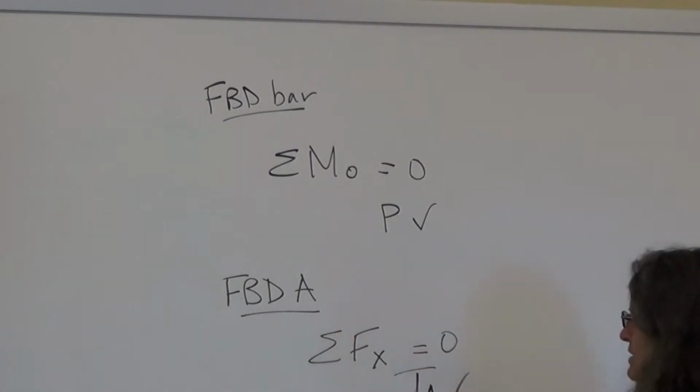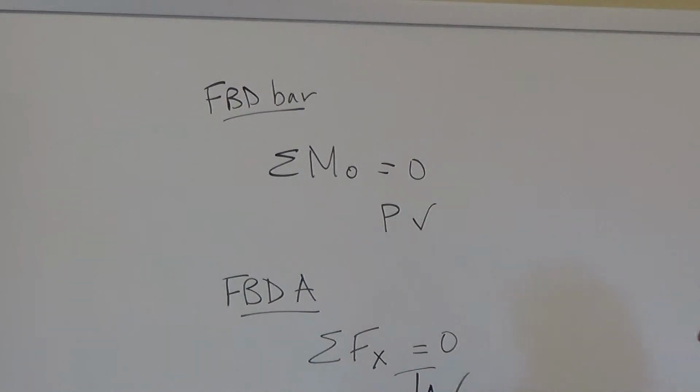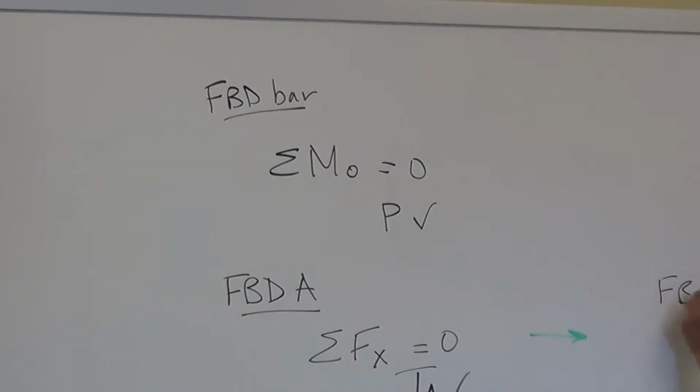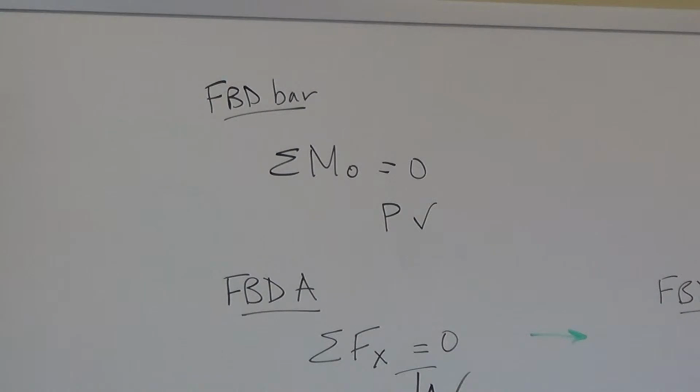After we find TA in free body diagram A, can we do free body diagram AB? If I have TA from free body diagram A, can I use free body diagram AB? A little more work, but what equation could I use? Sum of the forces in the x equals 0, and it would allow me to find TB.